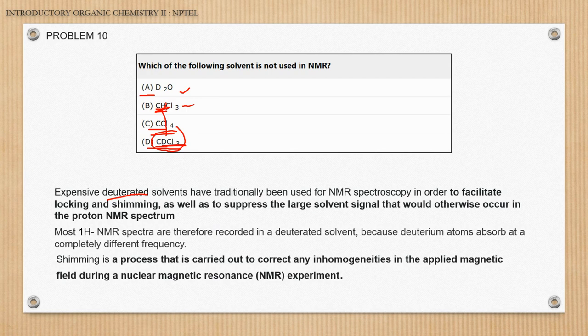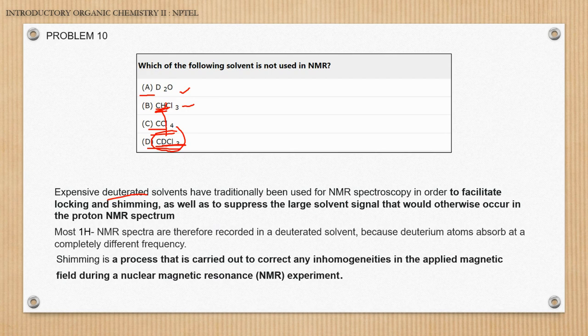These deuterated solvents are 98 or 99% pure, but that 1% will show up in NMR, because NMRs are very sensitive instruments. But imagine you take 100% chloroform and record the NMR spectrum.